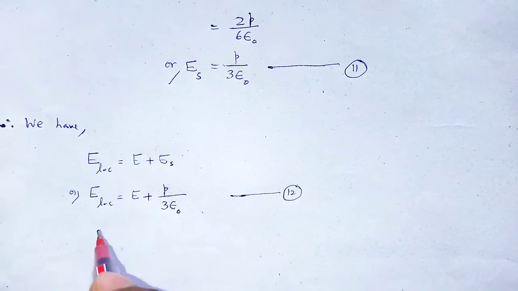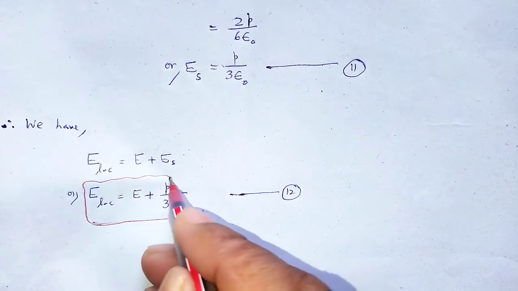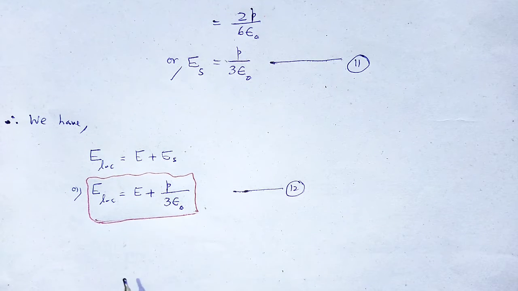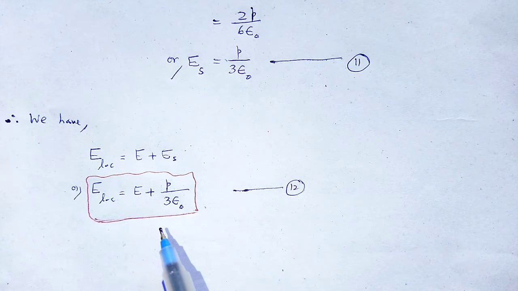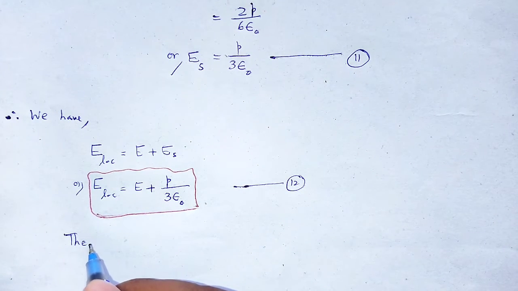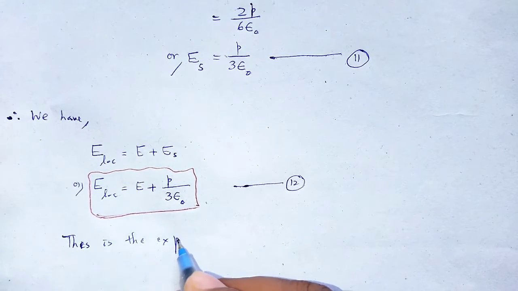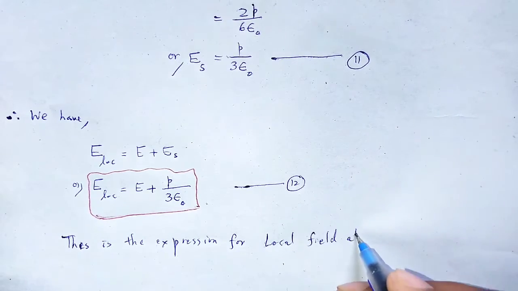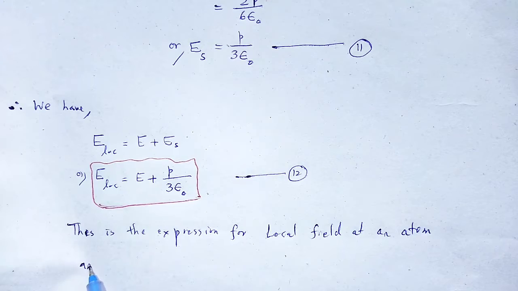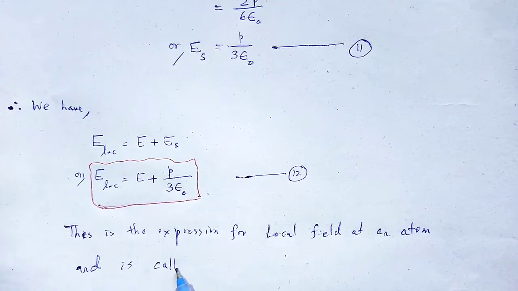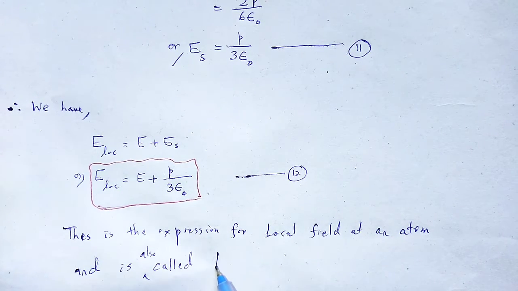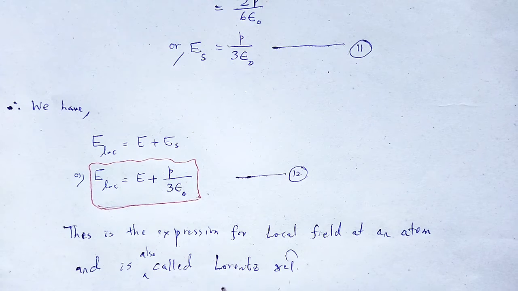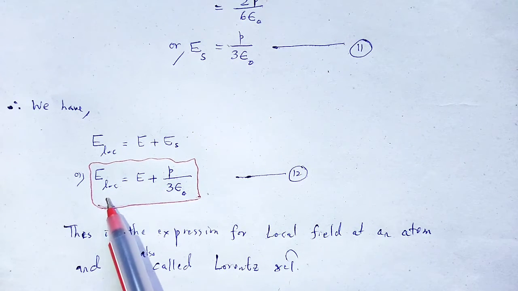Equation number 12, that is the expression for the local field at an atom, and that equation is also known as the Lorentz relation, because the scientist Lorentz proposed that method in order to find the E local.